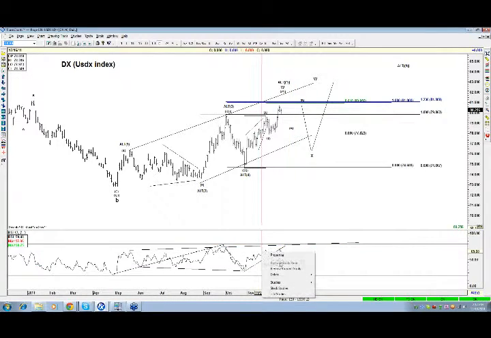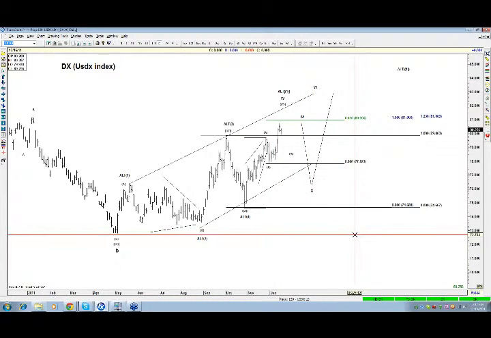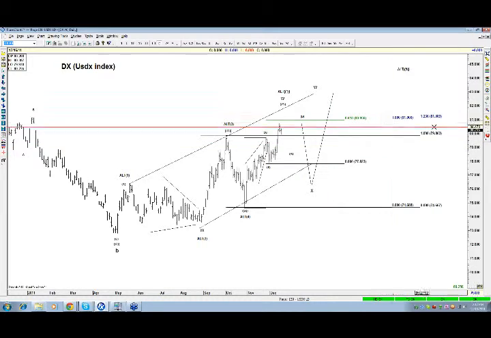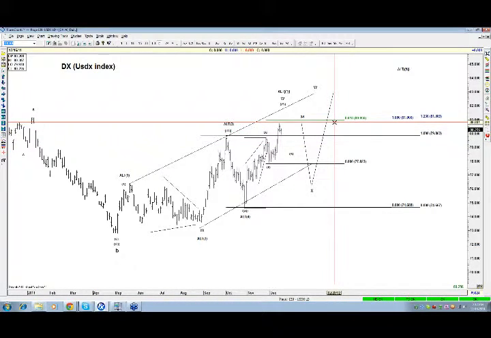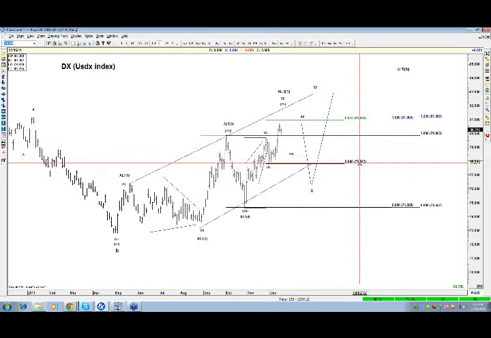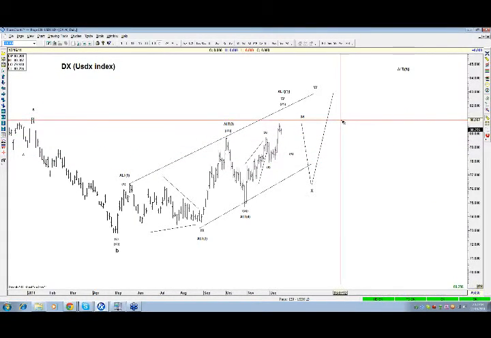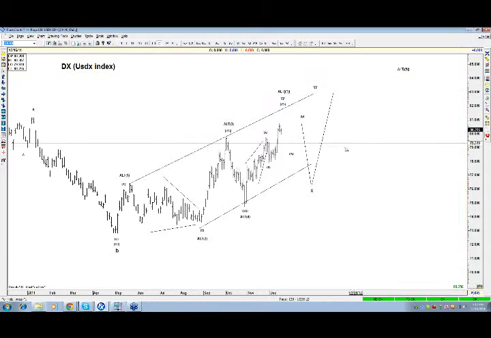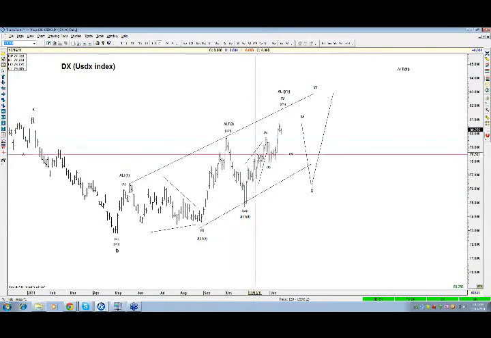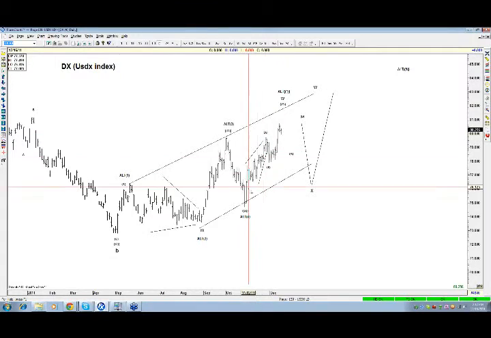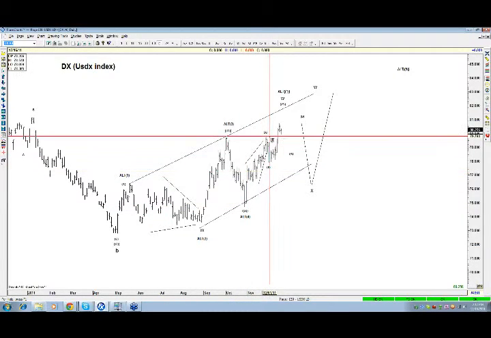Now, let me explain to you something right here. Why I believe that the market is looking for 81. I don't know if you guys agree. I believe it's looking for 81, and let me show you why. First, let's start with the cycles and possibility. It's very clear that this was possibly a cycle. It can count as a double zigzag.